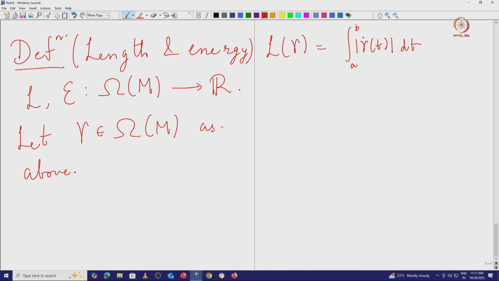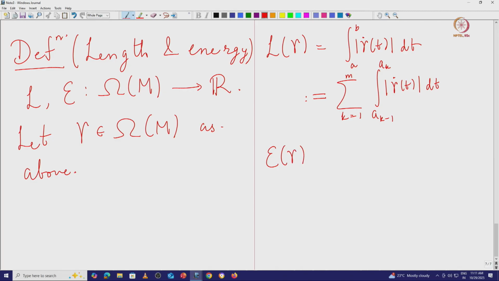Of course gamma need not be smooth throughout. So when I write such integrals, what I really mean is the following sum: you calculate the distance travelled by gamma on each of these subintervals. Okay, so this is what I mean by that integral.